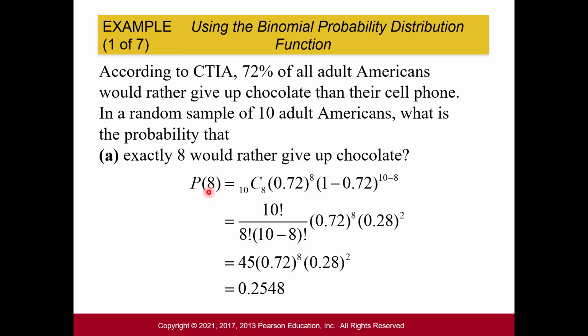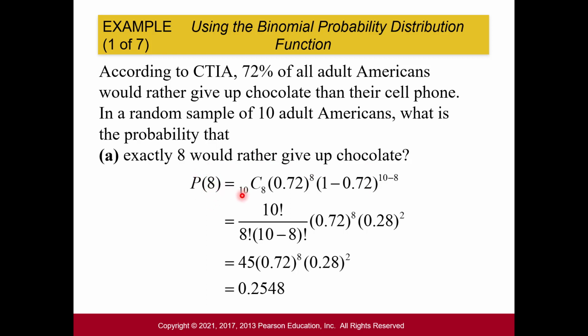So the nice thing is we don't have to do necessarily anything by hand. We can just plug into our binomial formula here. So we have probability of 8 successes. Remember, in this case, give up chocolate, rather than cell phone, would be success. So exactly 8 would give up chocolate. That's probability of 8.